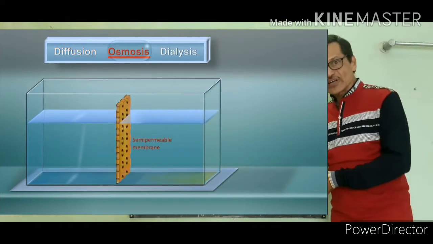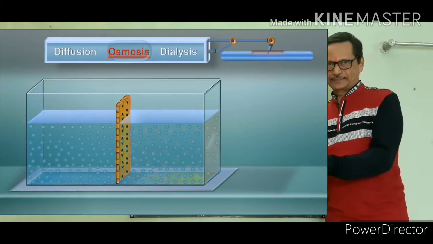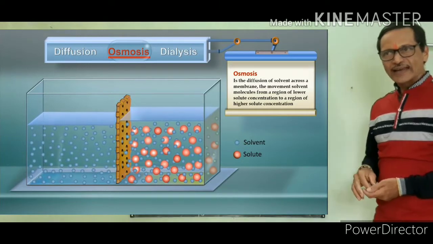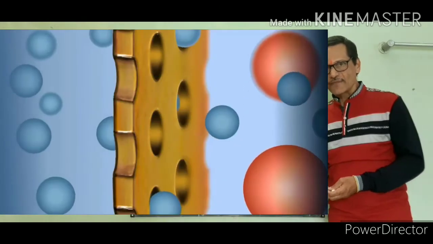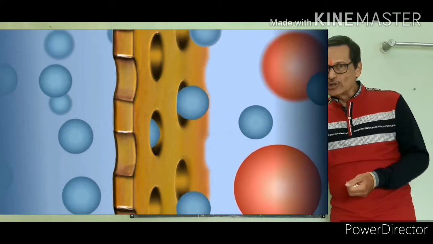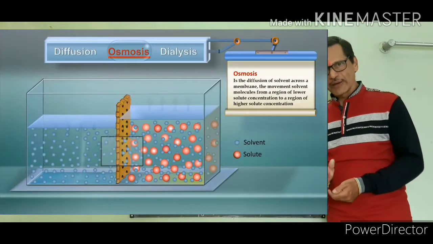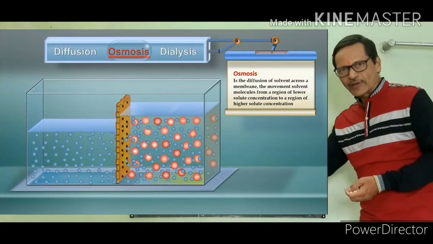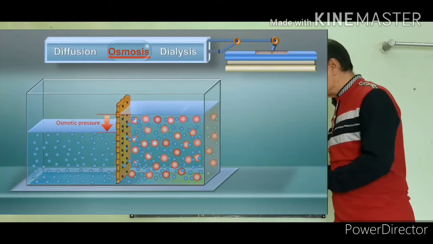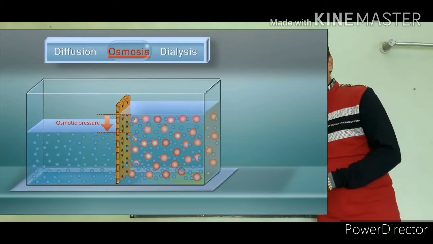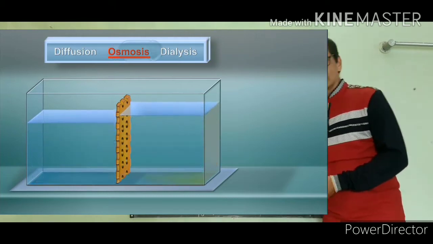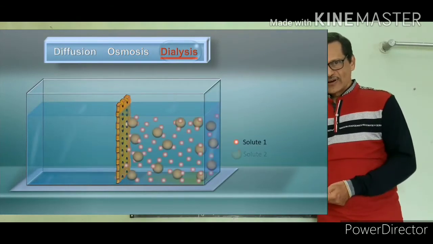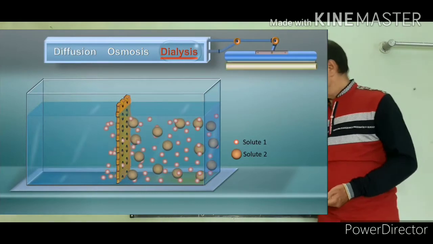Diffusion is mixing. In dialysis, it depends on the rate of diffusion of solute particles through the semi-permeable membrane. The solute particles having a higher rate of diffusion will pass through the semi-permeable membrane to the solvent side. This is dialysis. I think you have seen that animation.